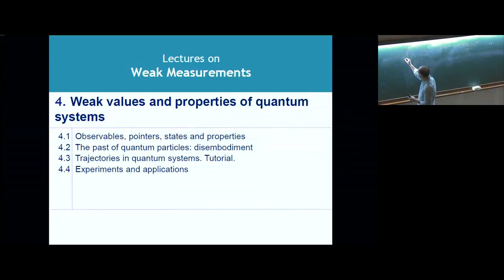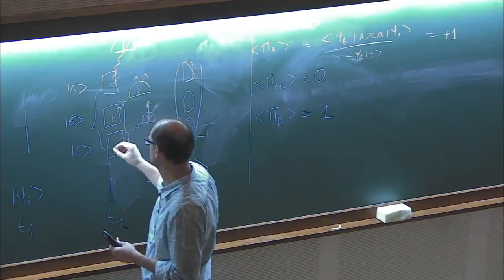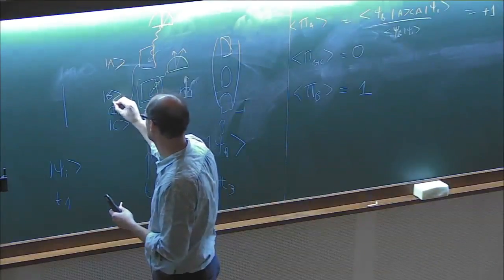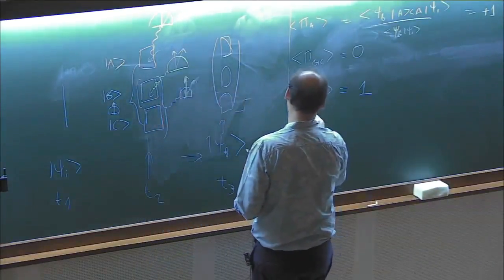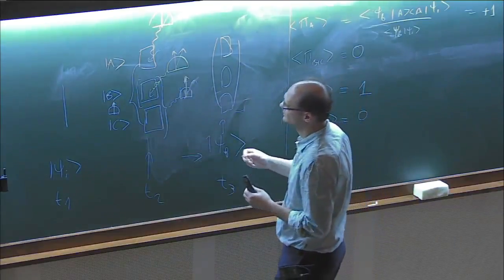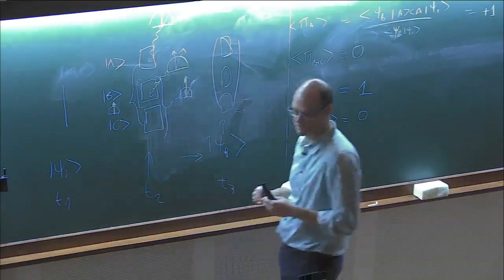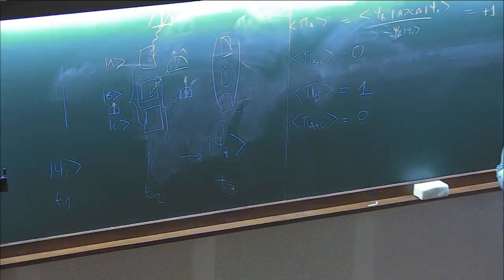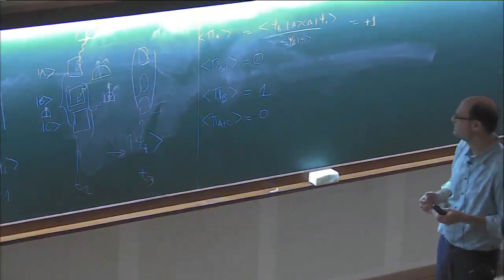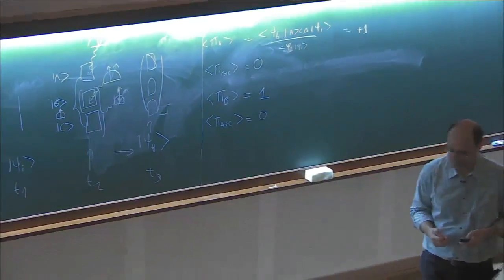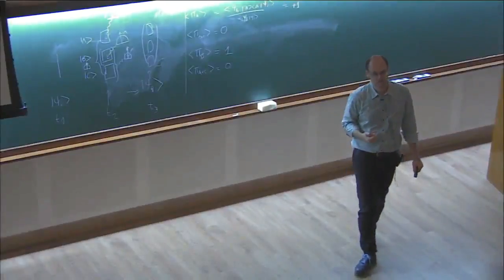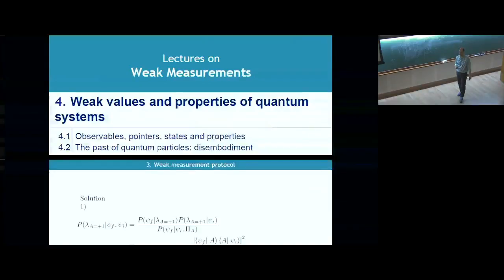I could couple A and C, just A and C. And again, do my pointer thing. Then the pointer here, because the weak value is 0, will not move, so the state will remain in the same state, meaning it does not see the particle in B plus C. And so this is to be related to this result. Basically, that if you look at box B, you are sure to find the particle there.